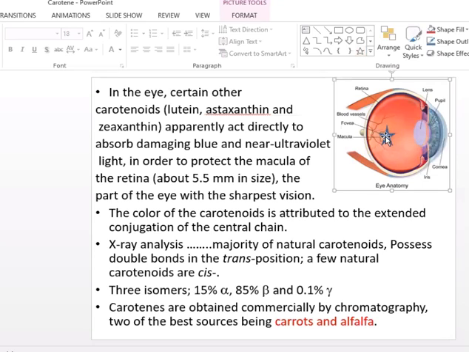By X-ray analysis, the majority of natural carotenoids possess double bonds in trans position. A few natural carotenoids are also in cis conformation. Usually it is trans. So by using chromatographic techniques, they can be easily separated.